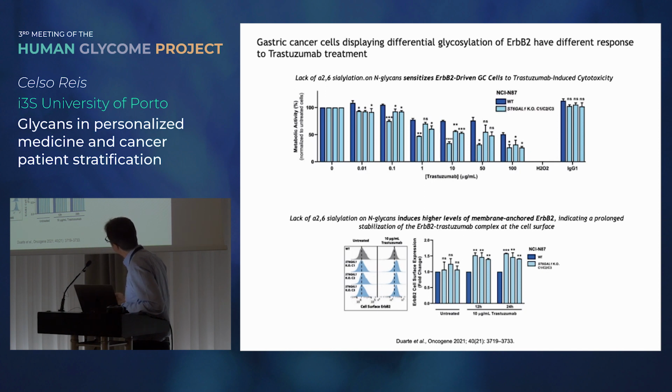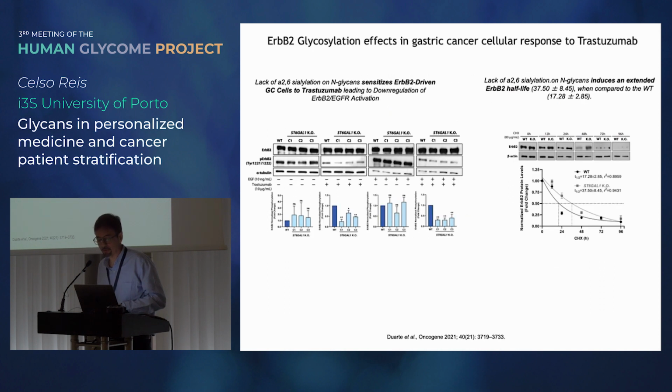And this is an assay using a dose-dependent response to the therapeutic antibody in vitro, and also changes in the levels of the receptor at the membrane of the tumor cells, and modification of the response to the therapeutic antibody in the presence of the ligand for the heterodimer of ERBB2 with the other members of the family.